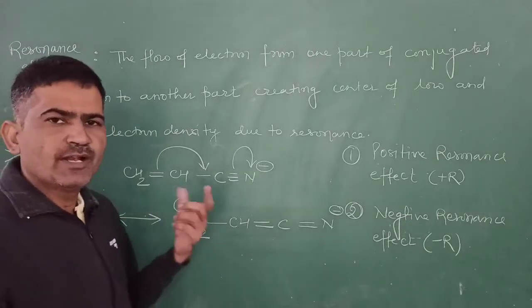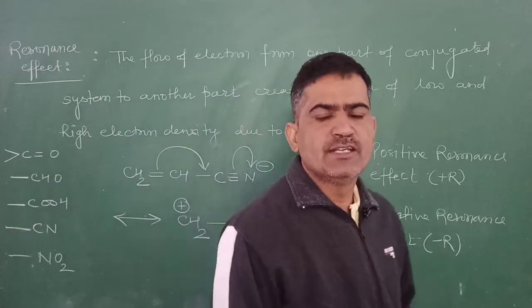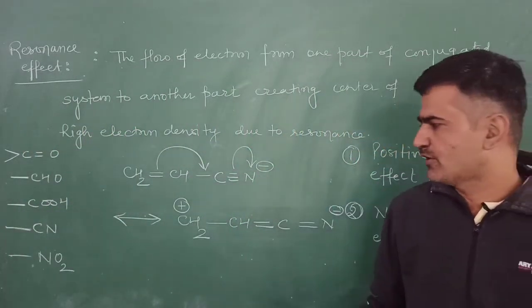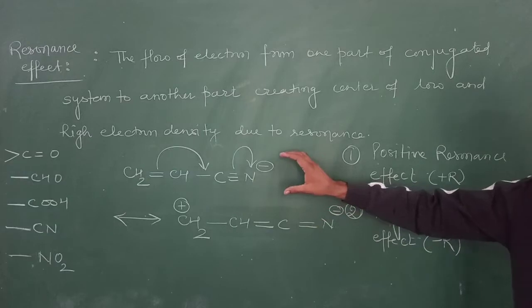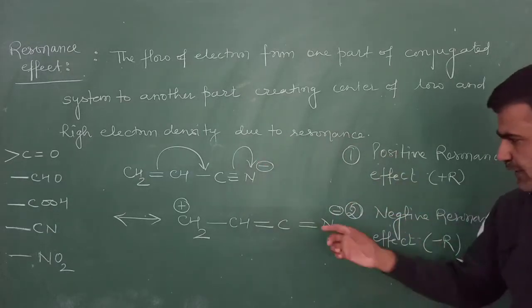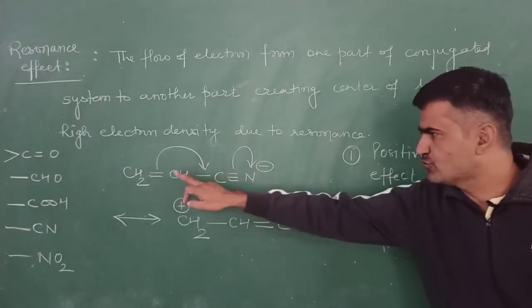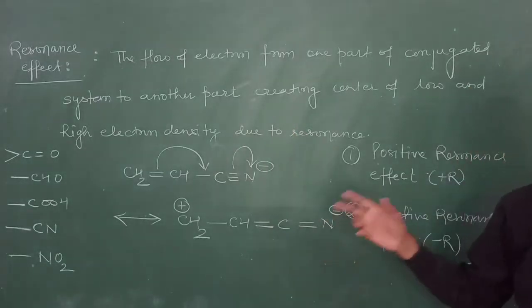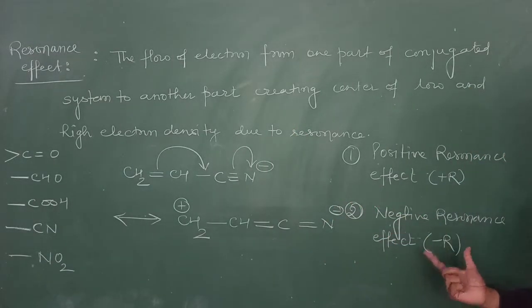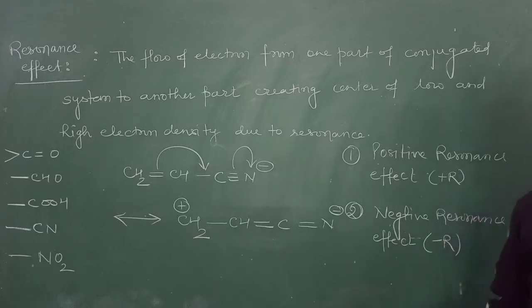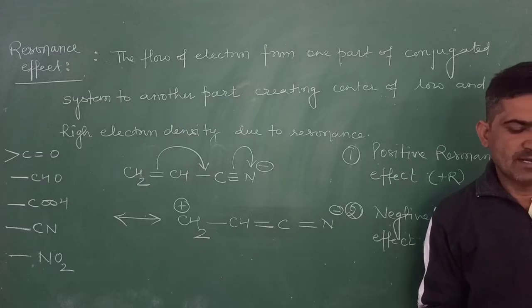This phenomenon of creating low and high electron density centers is called resonance. In this conjugated system, the electron is withdrawn from the conjugated system. That's why it is known as the minus R effect. This resonance effect is of two types, plus R and minus R.